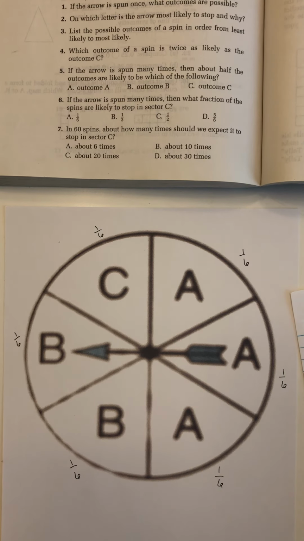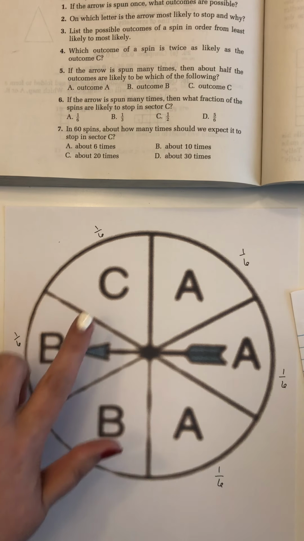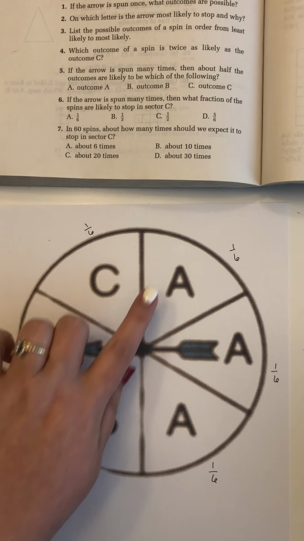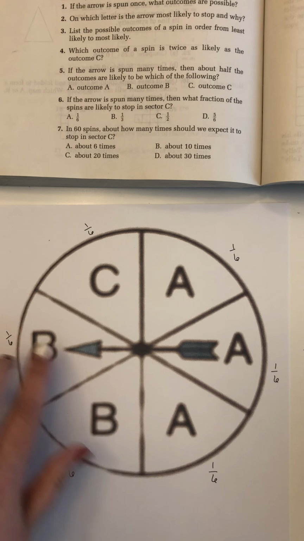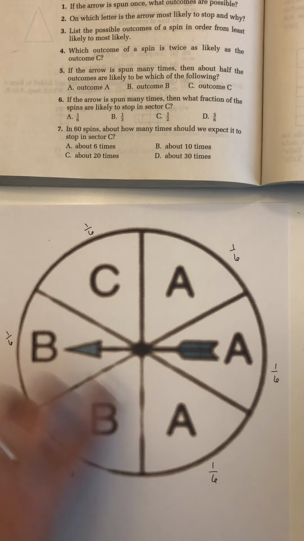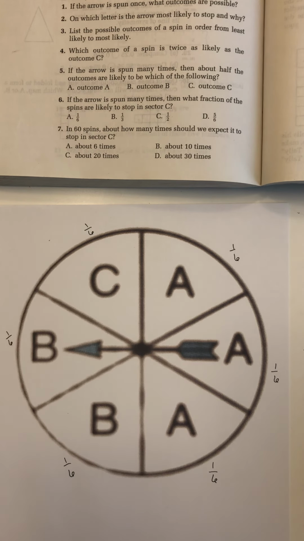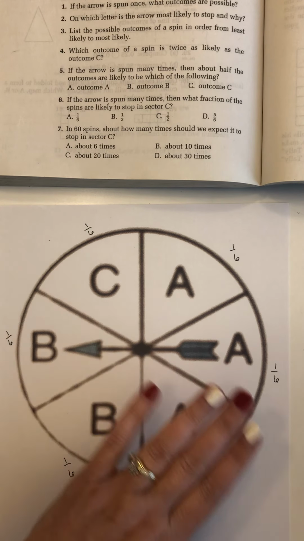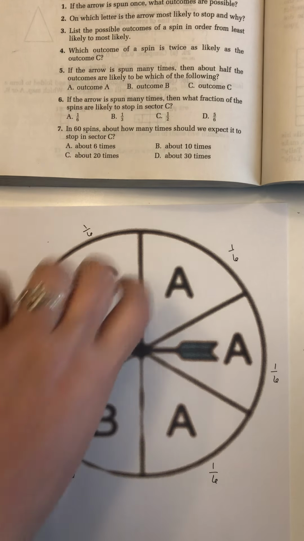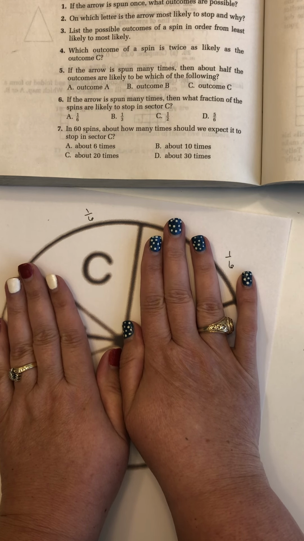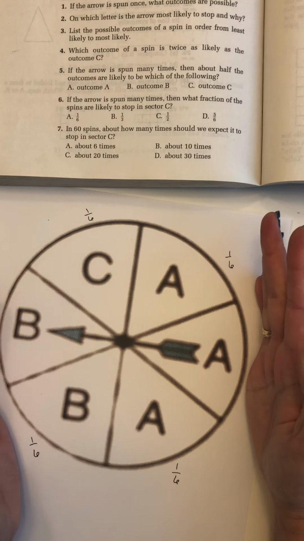So, if we look at our possible outcomes, we have half of the circle covered in A's, 2 parts of the circle, 2 out of the 6, covered in B's, and only 1 covered in C. So the chances that it stops on a C are the smallest because it has to stop inside this piece right here, and the arrow has to stop right there in order for it to be C. That's a little bitty space compared to the whole circle.